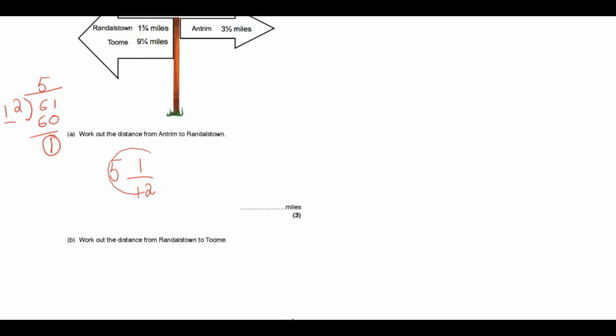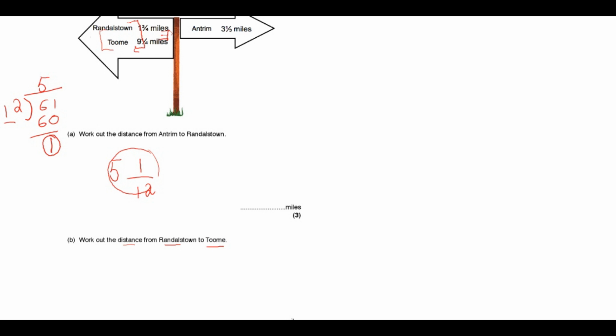Okay, so now look at the second part. He says to work out the distance from Randallstown to Toome. So if you look here carefully, Randallstown and Toome are at the same place. If you are here and you need to go here, it means only this distance you need to cover.